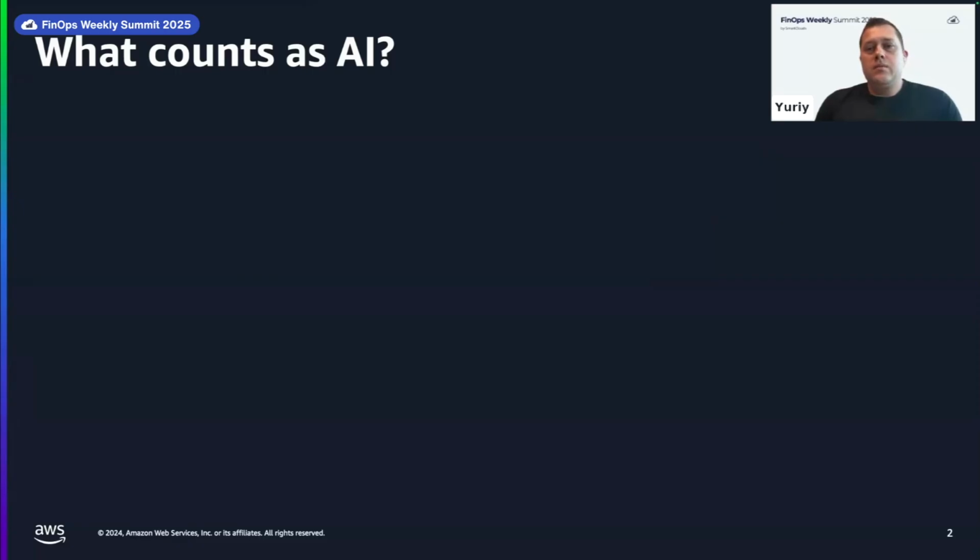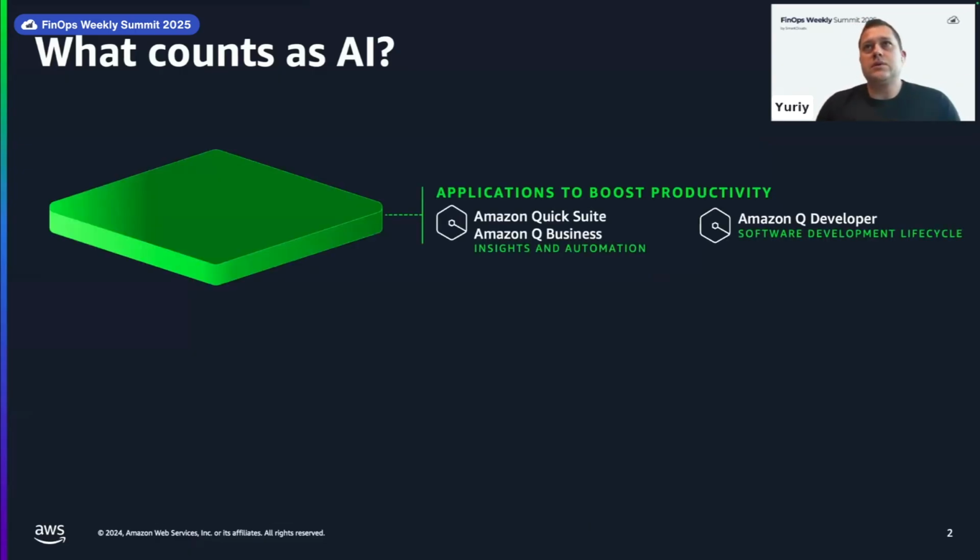When we say AI, we usually think of three different tiers of using AI tools and applications. The first tier is ready-to-use applications, which provide out-of-the-box capability to boost your productivity, such as Amazon Q for Business or Amazon Quick Suite, which was just recently launched, or tools like Amazon Q Developer, which increases software development lifecycle productivity and efficiency.